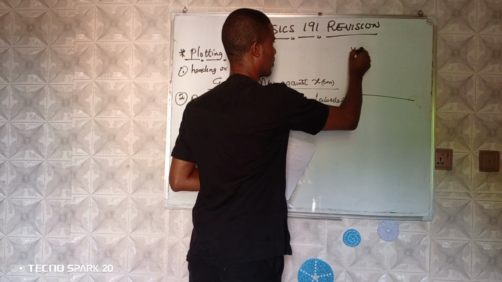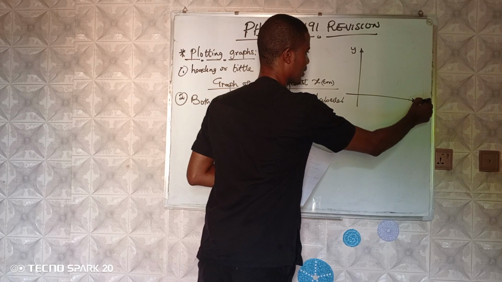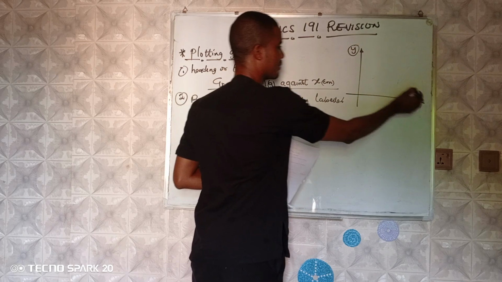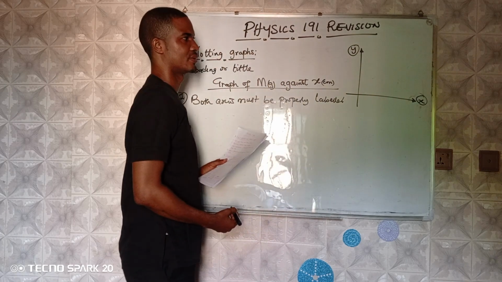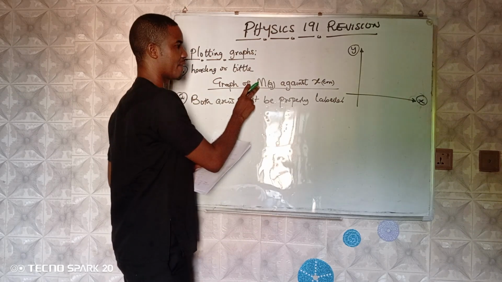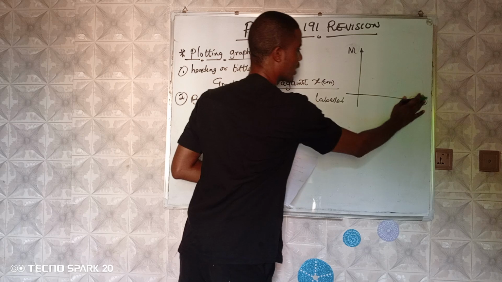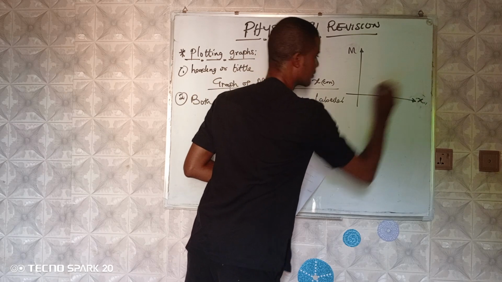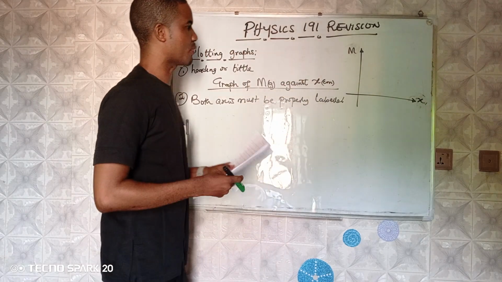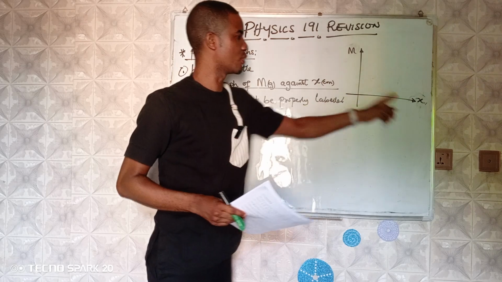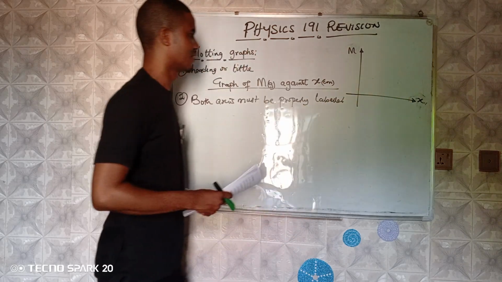This is your Y, this is your X. These are the labeling of the axis. If I'm plotting a graph of M against X, then here will be M, here will be X. You must properly label your axis. That is two.